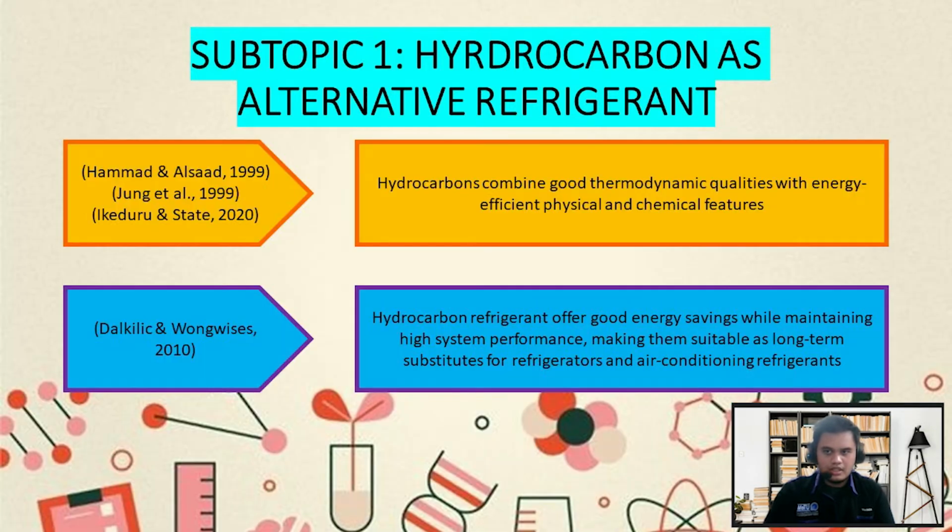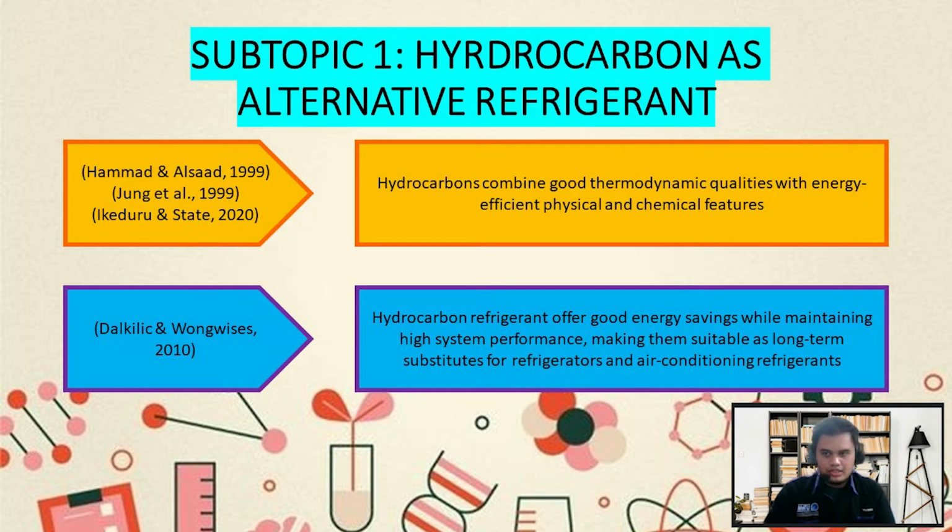Next, the work by Hamad and Al-Assad 1999, June et al. 1999, and Kedru and State 2020. The three papers say that hydrocarbons combine good thermodynamic qualities with energy-efficient physical and chemical features.